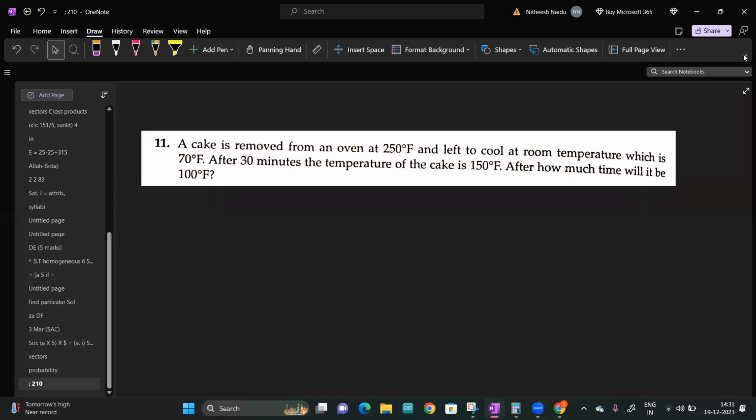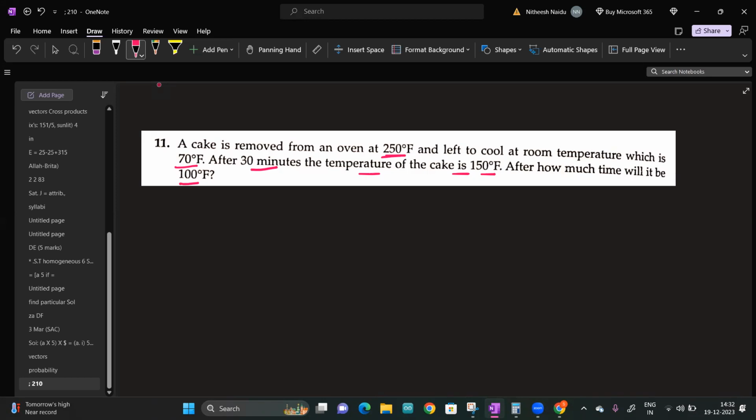A cake is taken from an oven at 250 Fahrenheit and left to cool at room temperature 70. After 30 minutes, the temperature of the cake is 150 Fahrenheit. After how much time will it be 100 Fahrenheit?